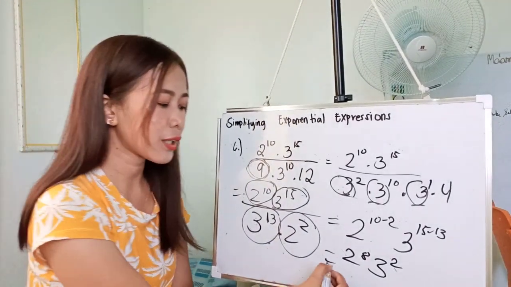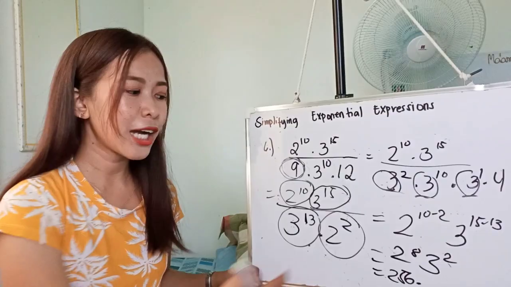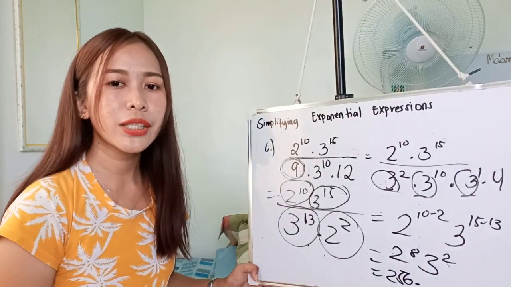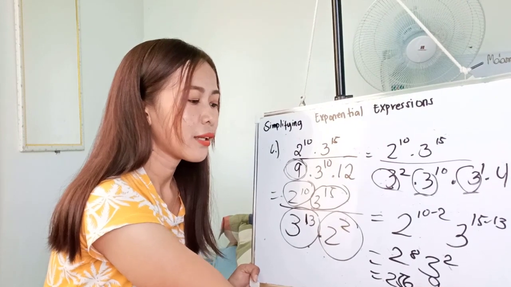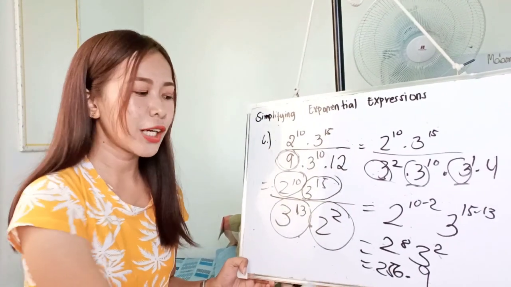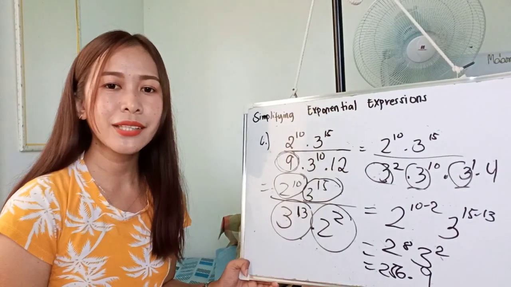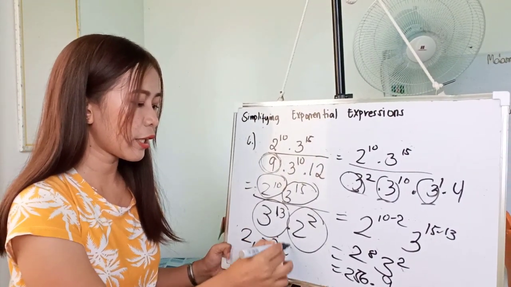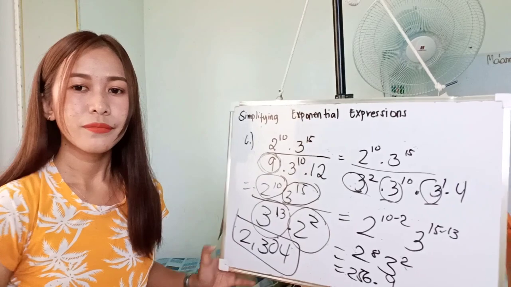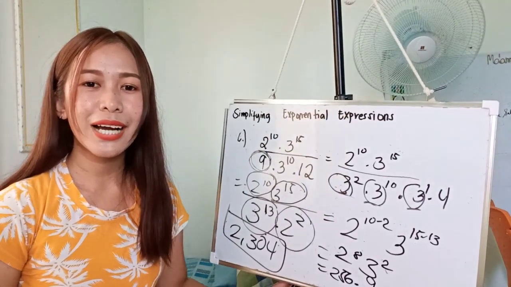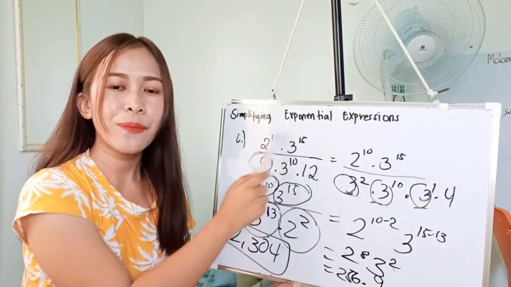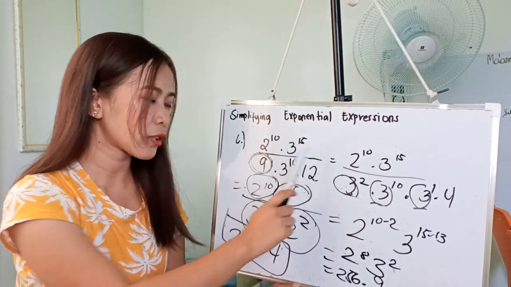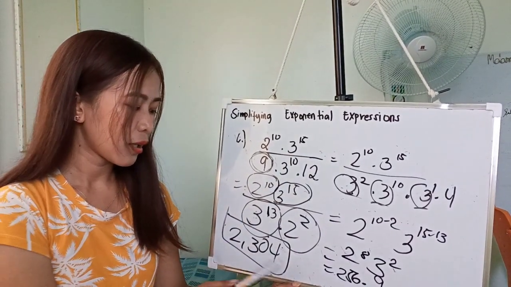So, 2 raised to 8, that is 256 times 3 raised to 2, or 3 times 3, that is 9. And then you multiply 256 times 9. The final answer is equal to 2,304. Okay? And ganun lang kasimple. Ayan na. Itong napaka-komplikadong exponential expression na to, ganito lang siya kasimple.